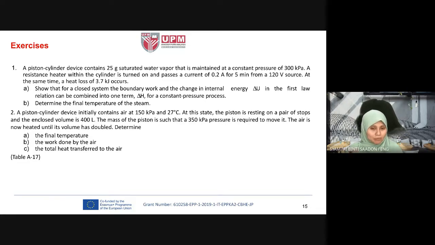So we have P1, 150 kilopascal, and T1, temperature 27 degrees Celsius. Initially the volume is 400 liter. Change it to meter cube, because our SI unit for calculation is meter cube. Just convert it.